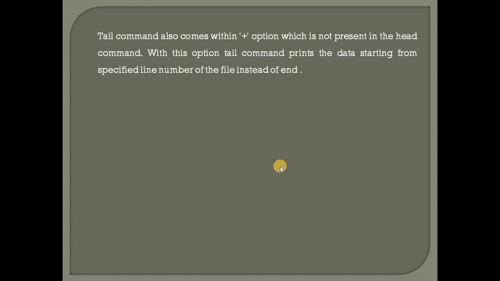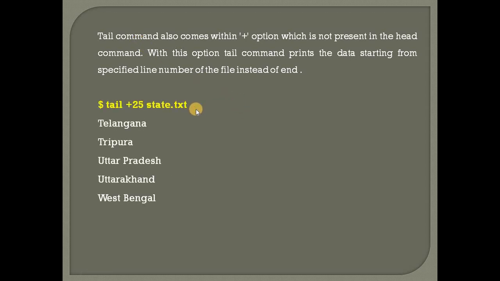Tail command also comes with a plus option, which is not present in the head command. This is the only thing different from the head command. With this option, the tail command prints the data starting from the specified line number of the file instead of the end. So here we'll see an example, tail +25 state.txt.